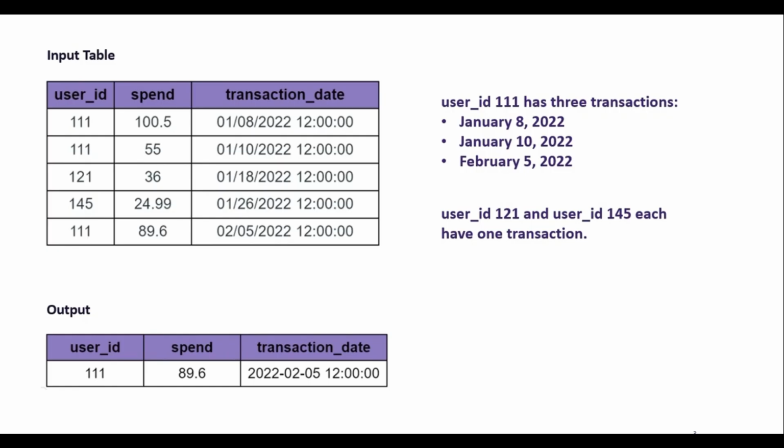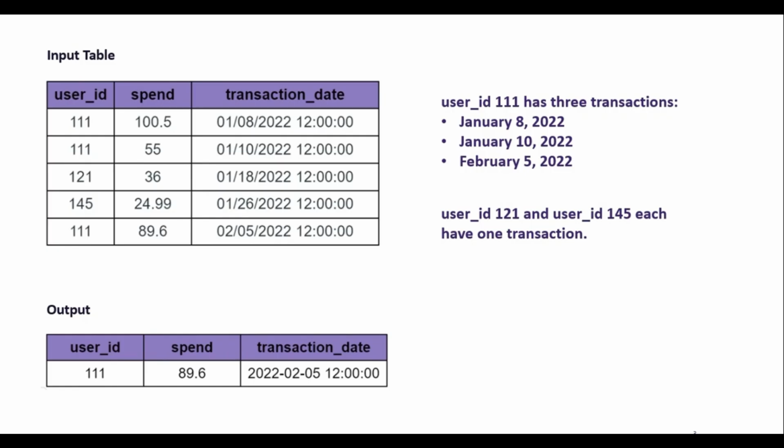To do this, we will make use of a window function, the row number function, and this function helps us to assign a unique sequential integer to rows within a partition of a result set. In this case, the partition will be done on the user ID column, since we want the third transaction of each user. That means the partitioning will be done on the user ID.